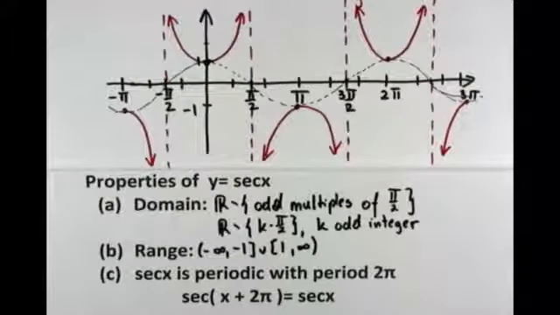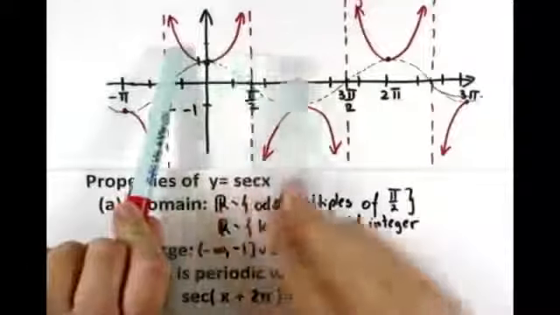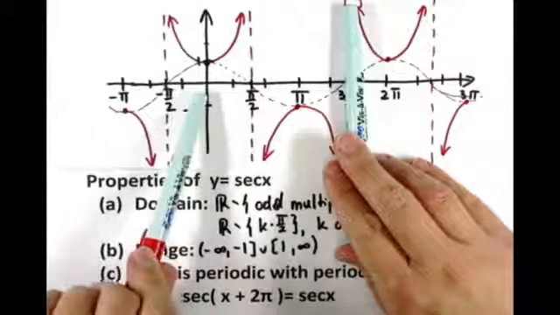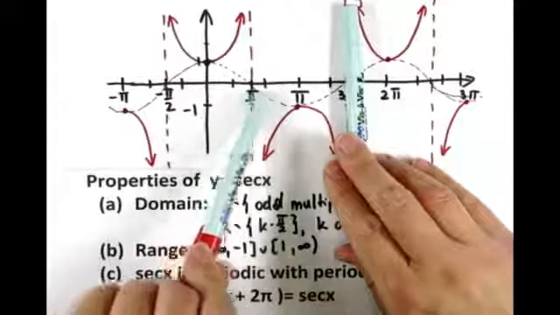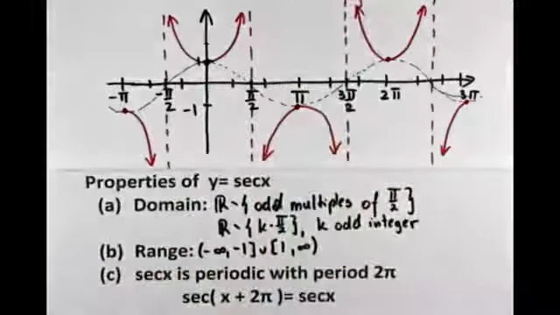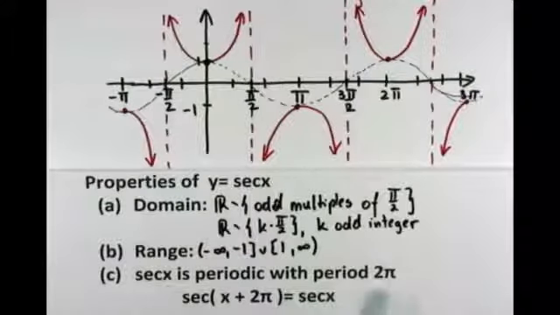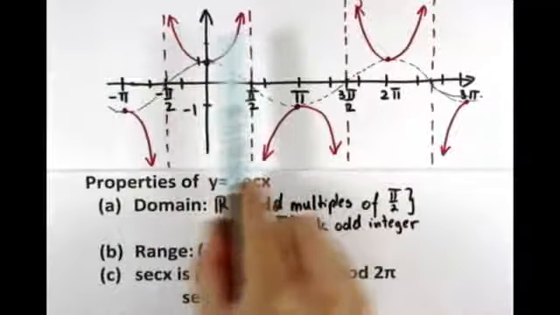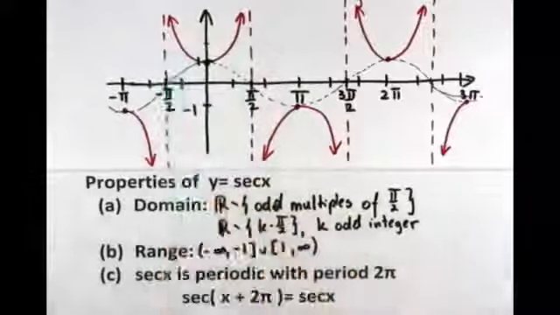And secant is a periodic function with period 2 pi, because if we take one part and check the length, here's half pi gives me pi, and here's half and half pi, another 2 pi. So the function is periodic with period 2 pi. By the periodic function, that means that secant of x plus 2 pi is secant x. And that function, notice, is symmetric by the y-axis.